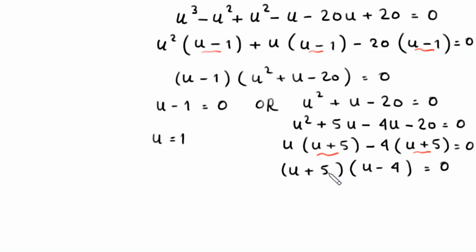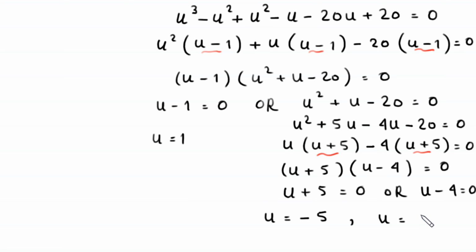From here, either this expression u plus 5 equal to 0, or this expression u minus 4 equal to 0. From this equation we get the value of u equal to negative 5, and from this equation we get the value of u equal to positive 4. And first we found this value of u is equal to 1.